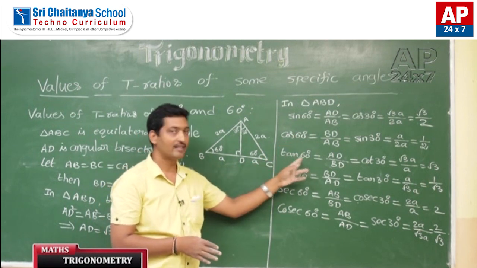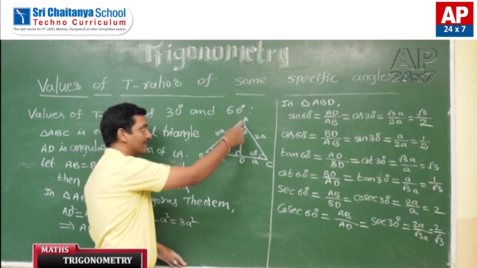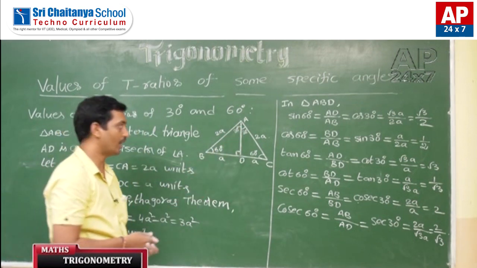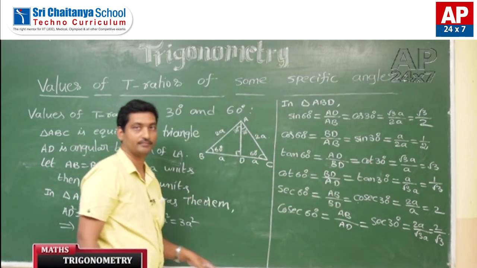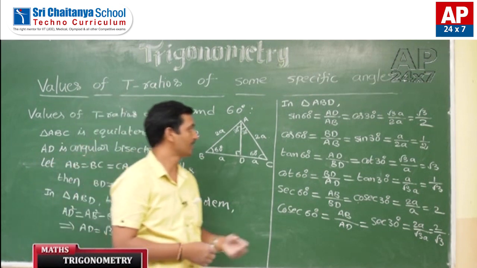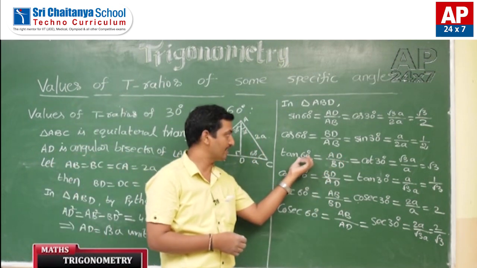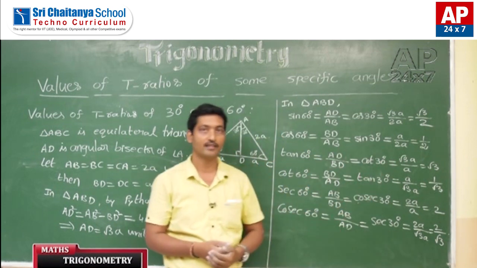Now come to tan 60 degrees. Tan 60 degrees in triangle ABD is AD by BD according to the definition. Now the same is cot 30 degrees, because AD is the opposite side to 60 degrees and the same AD is the adjacent side to 30 degrees.